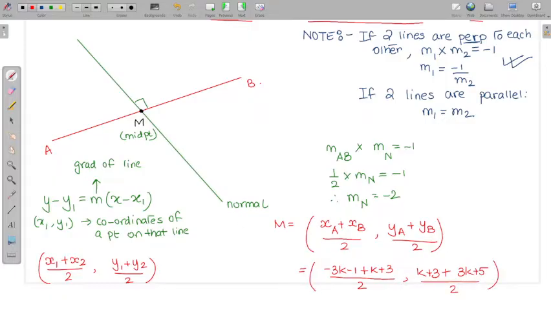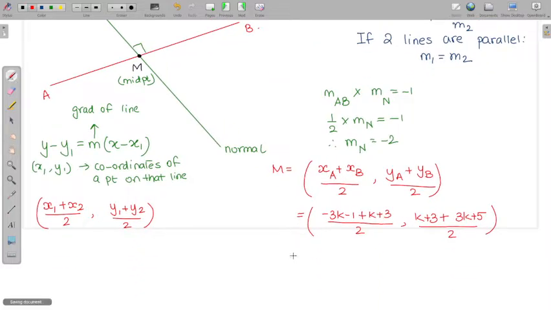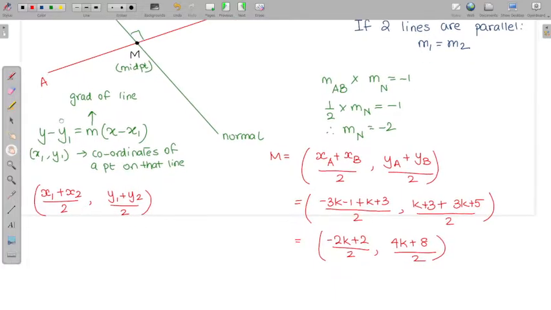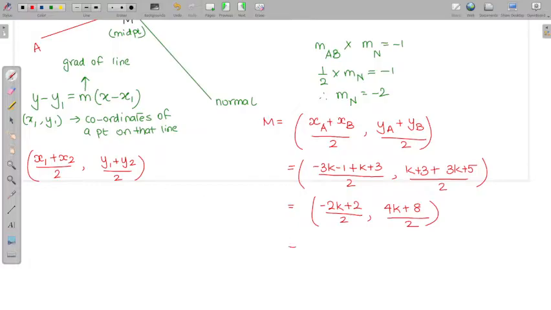So now let's simplify this. If we group the like terms together, minus 3k plus k gives us minus 2k, and minus 1 plus 3 gives us plus 2, divided by 2. And here k plus 3k gives us 4k, and 3 plus 5 gives us 8, divided by 2. Now we can simplify even more.